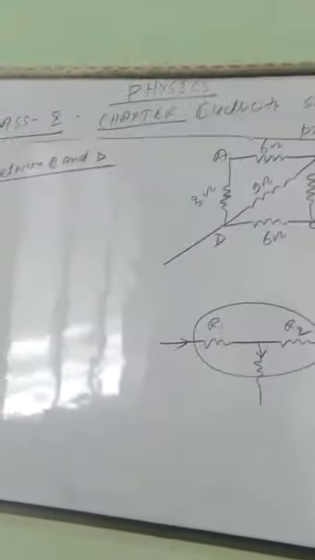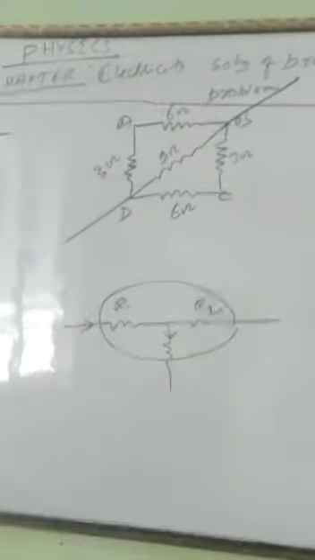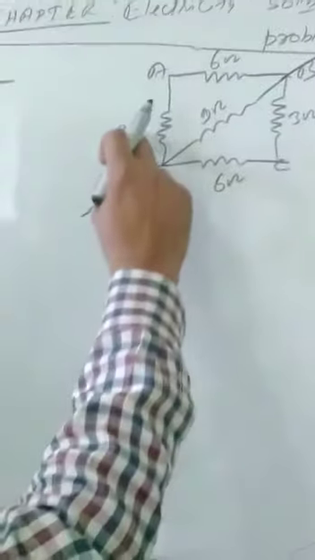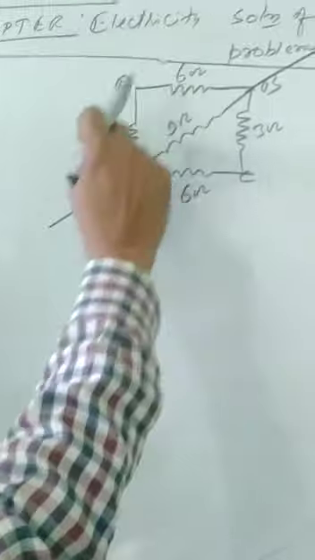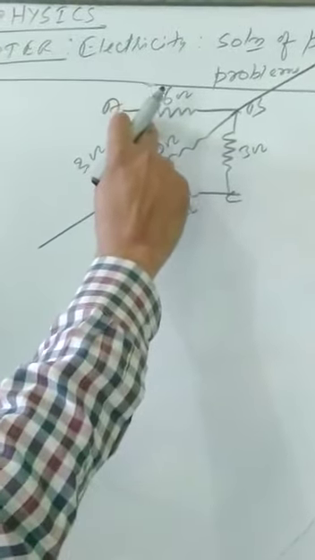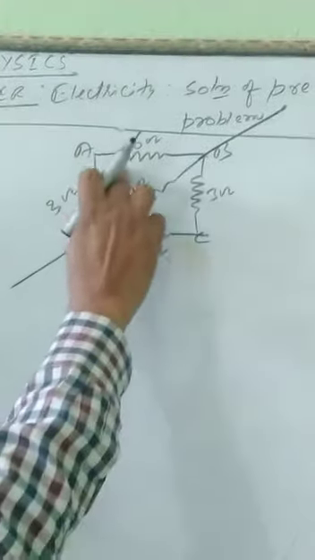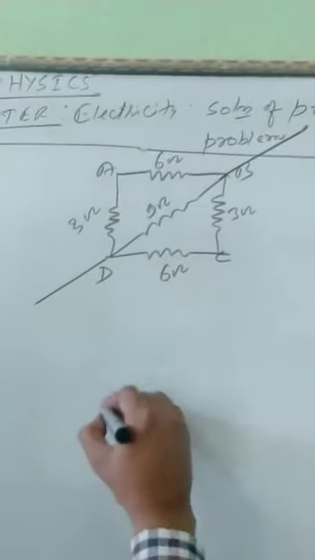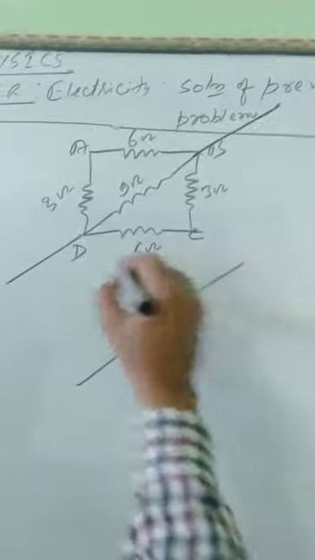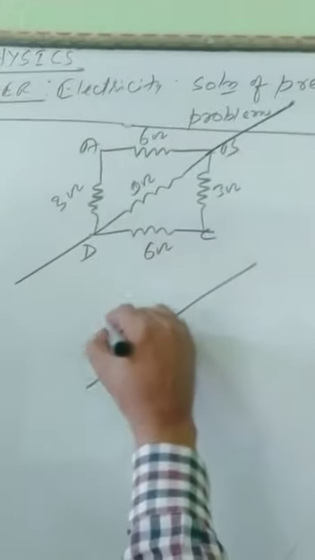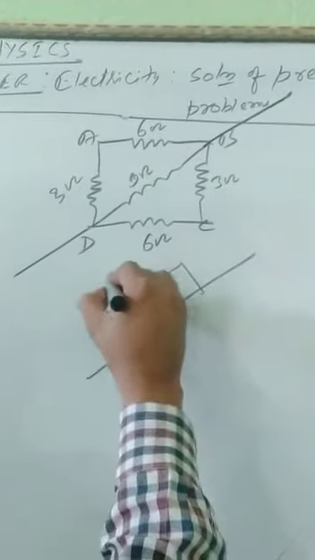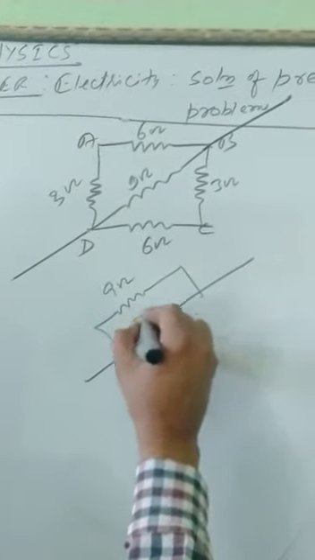And there is the same question. As you are looking, the 3 ohm and 6 ohm are continuous and there is no extra wire between them. Therefore 3 and 6 are in series, and now your figure becomes 3 plus 6, which is 9 ohm.